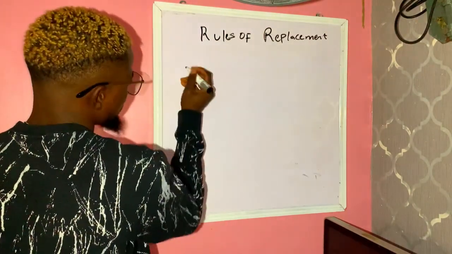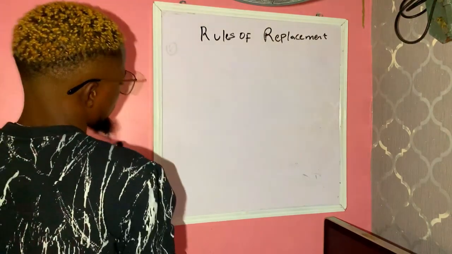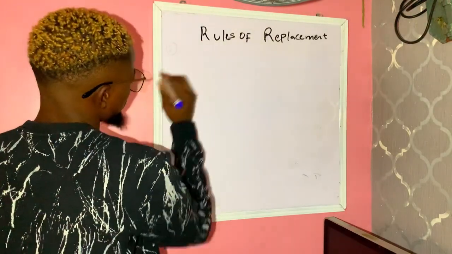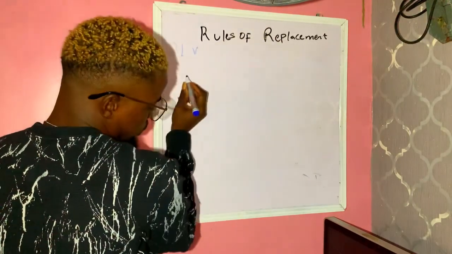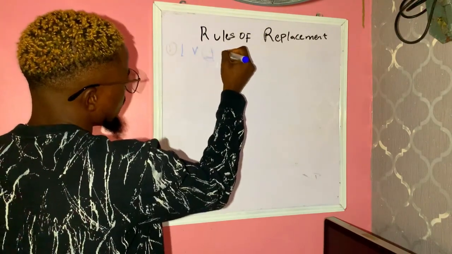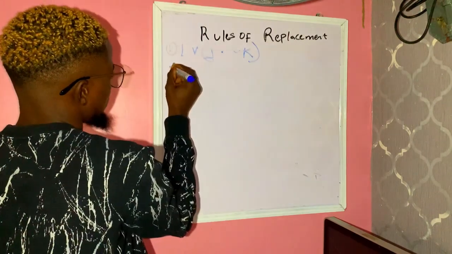So let's say we have something like line 1: I or (J and negation K), those parentheses.